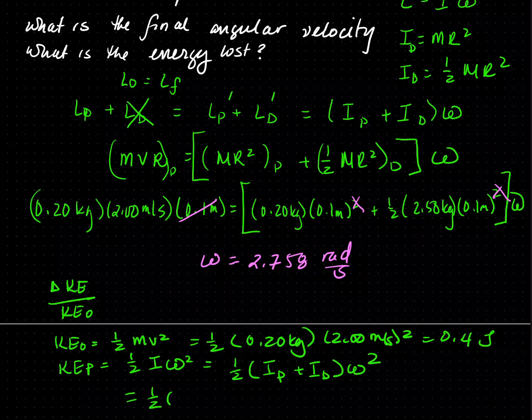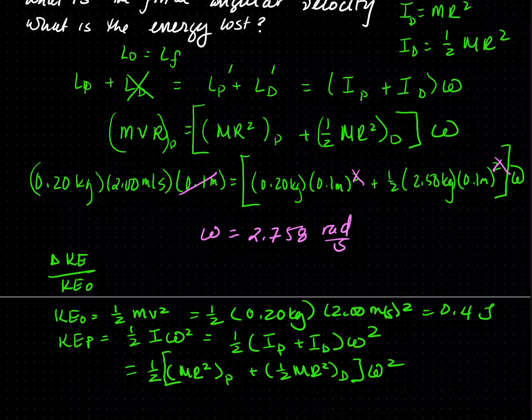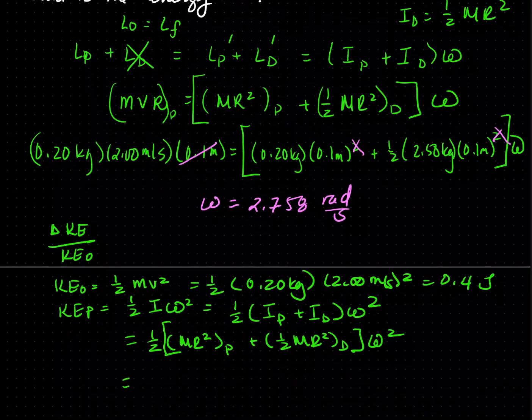This is 1/2 times mr squared of the particle plus 1/2 mr squared of the disk. And this entire thing is going to be multiplied by omega squared. So if I plug this in, this is going to be 1/2. The particle is 0.2 kilograms.